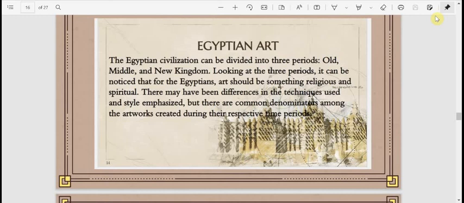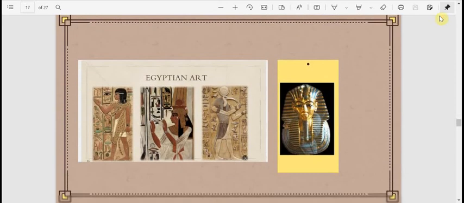And the images of paroas were well decorated using different colors which had specific meanings. The pharaoh was considered to be a supreme leader who had divine powers, and therefore he was considered as important as the gods and goddesses.